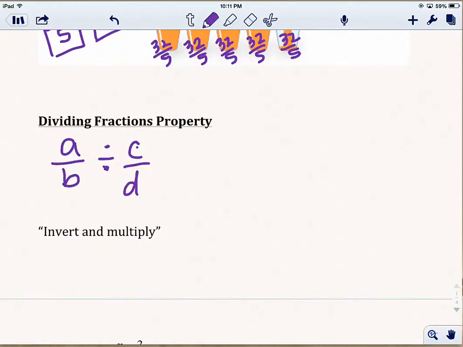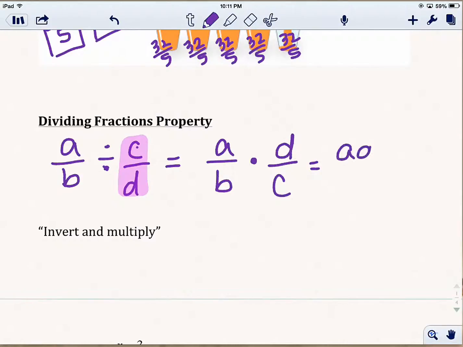The rule for dividing fractions is to multiply by the reciprocal of what you're dividing by. So we still have a divided by b, but instead of divided by c divided by d, we're going to multiply by d divided by c. So then you get AD divided by BC.